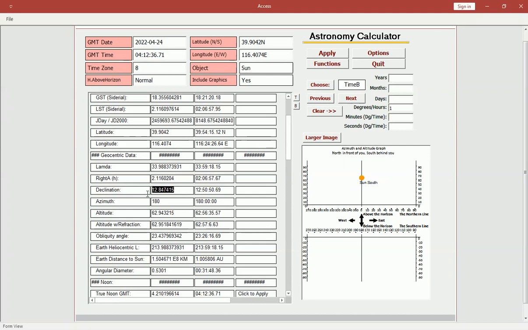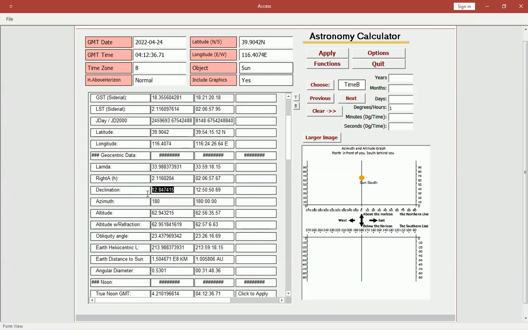The declination is the angle between the object and the equator, through the center of the earth. So if we had a line from the center of the object to the center of the earth, then the declination is the angle between this line and the equator.